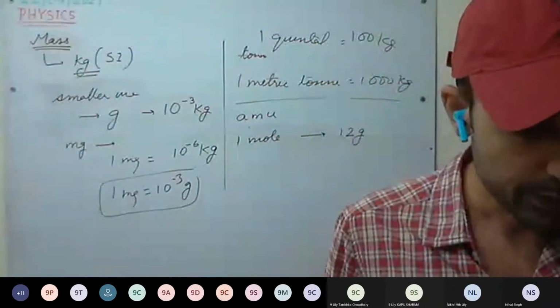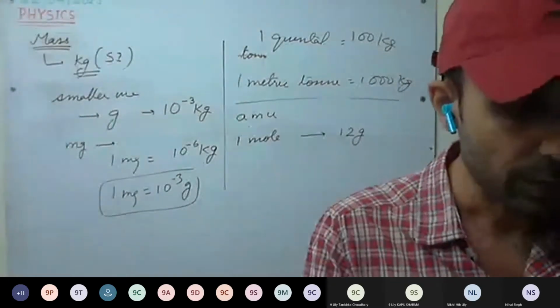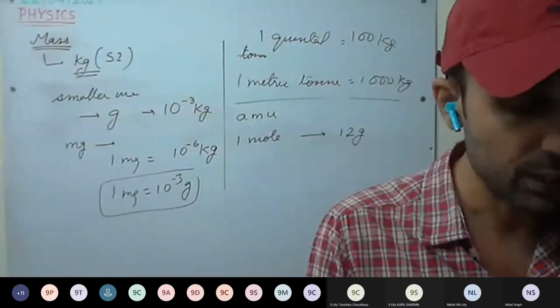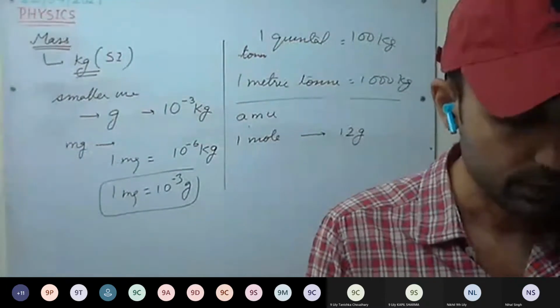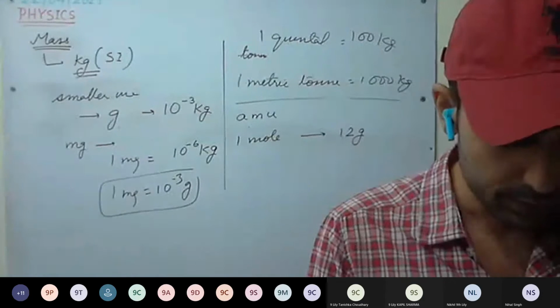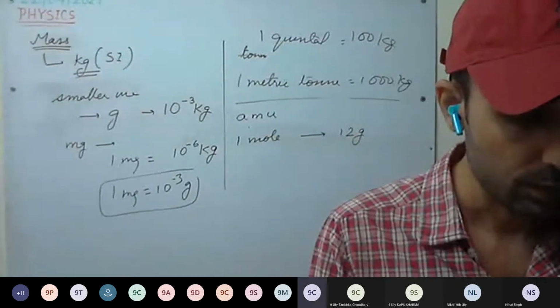Correct this one on page number 5. Below the definition of AMU, the mass of 6.02 into 10 raised to power 23 atoms of C12 is 12 gram. A student says it is written as 12 kilogram.